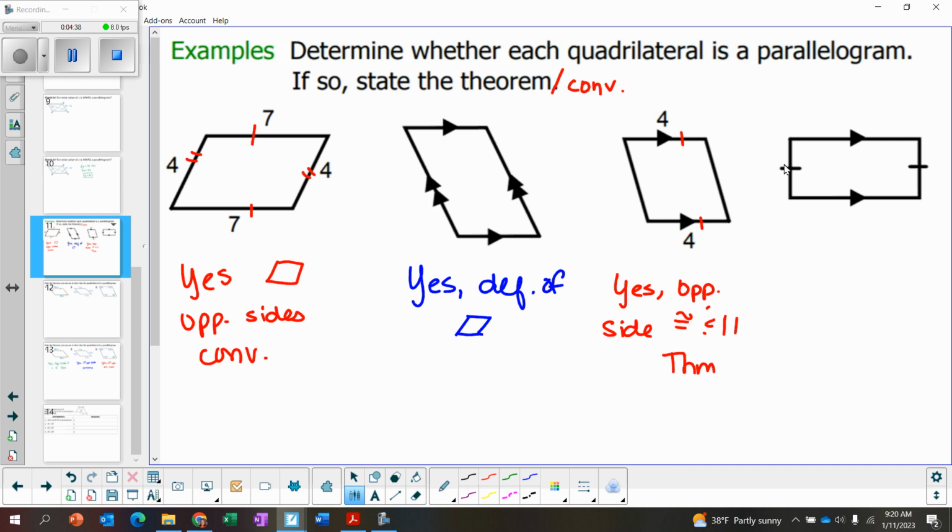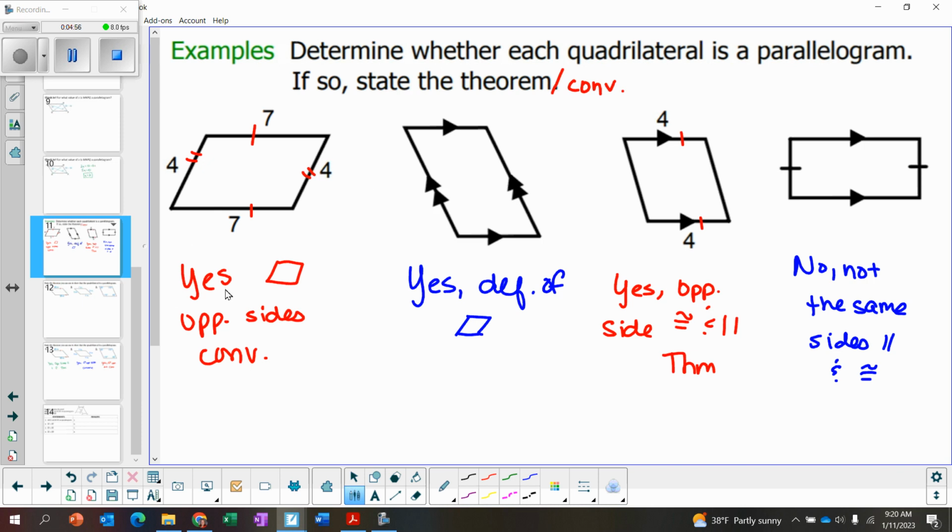Here these sides have one marking, these others have the other. So this is no, because it's not the same sides. Same sides, parallel and congruent.